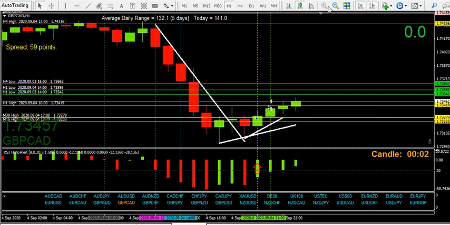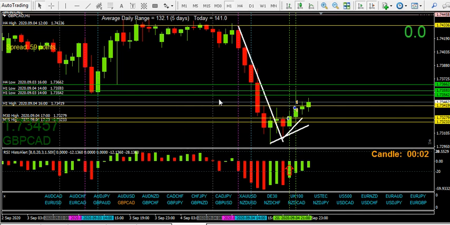So if I zoom out, then you can see these other levels. That H1 level there is that low there, and the reason that's there is because to get up to these levels and this level, we've got to get through that level. The next H1 level, or the green level rather, is that one there, because to get up to here we have to get through a support that will potentially act as resistance.